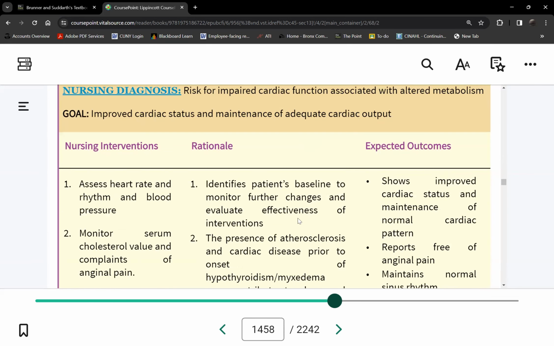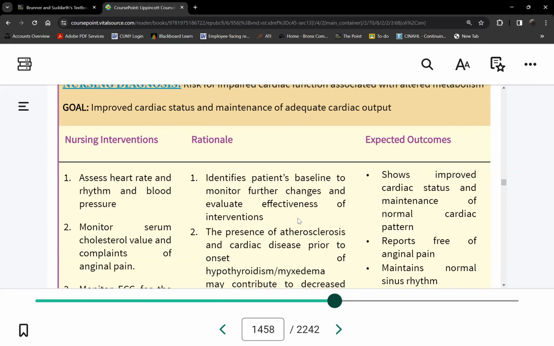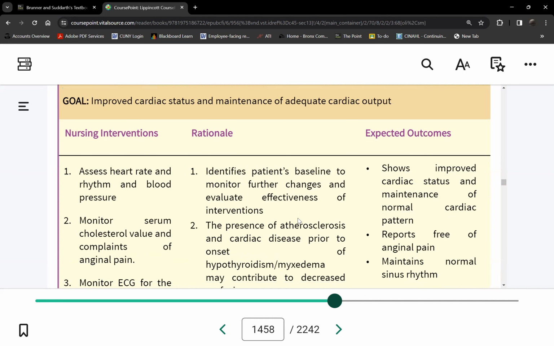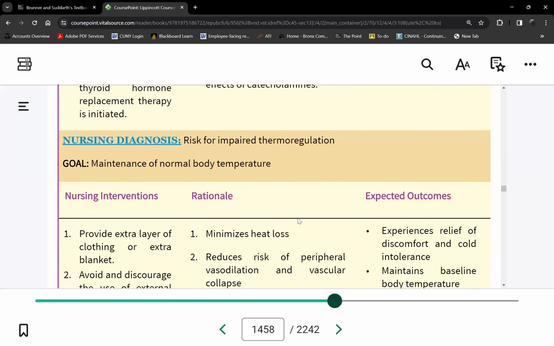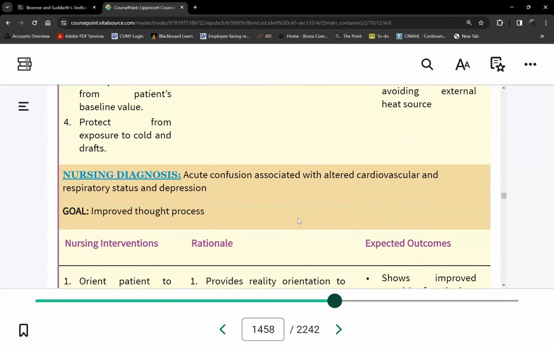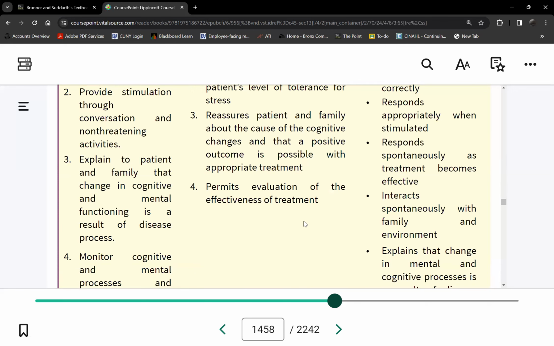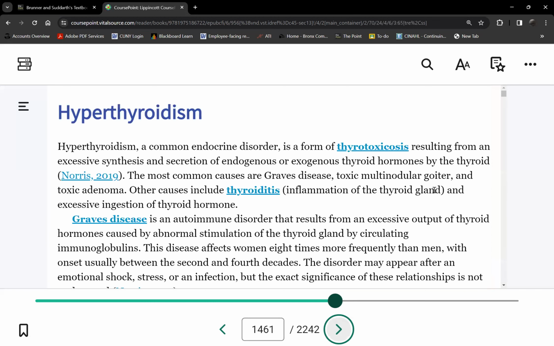I won't read it for you. I'll let you read each problem and the plan. This one's for cardiac function, and then it talks about skin care, constipation, activity intolerance, etc. Any question on hypothyroidism? All right, let's go now to hyper.